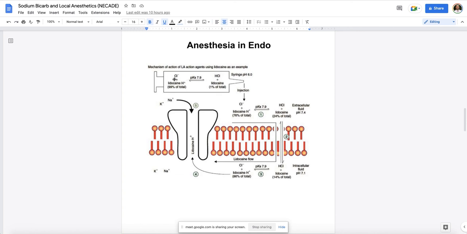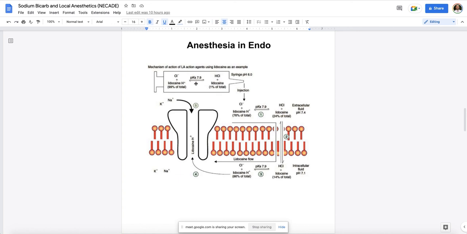You have your chloride ion that separates from the anesthetic itself. Essentially, this is the ionized version of the compound. So lidocaine is ionized, and then you have your free chloride ion, and then you have your non-ionized versions here.